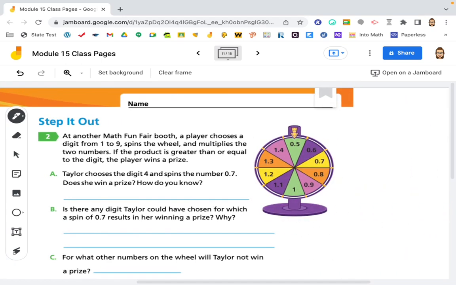At another math fun fair booth, a player chooses a digit from 1 to 9, spins the wheel, and multiplies the two numbers. If the product is greater than or equal to the digit, the player wins a prize. So, Taylor chooses the digit 4 and spins the number 7/10. Does she win a prize? How do you know?